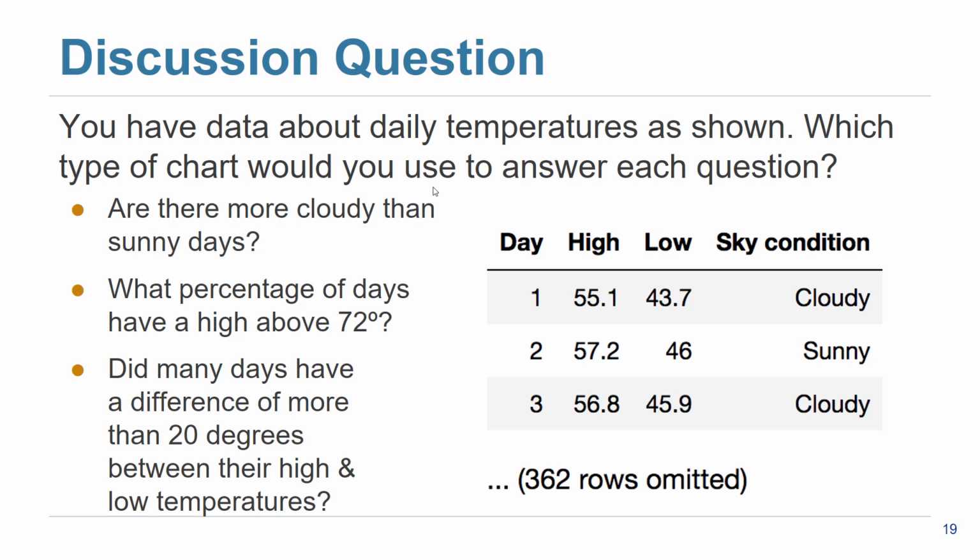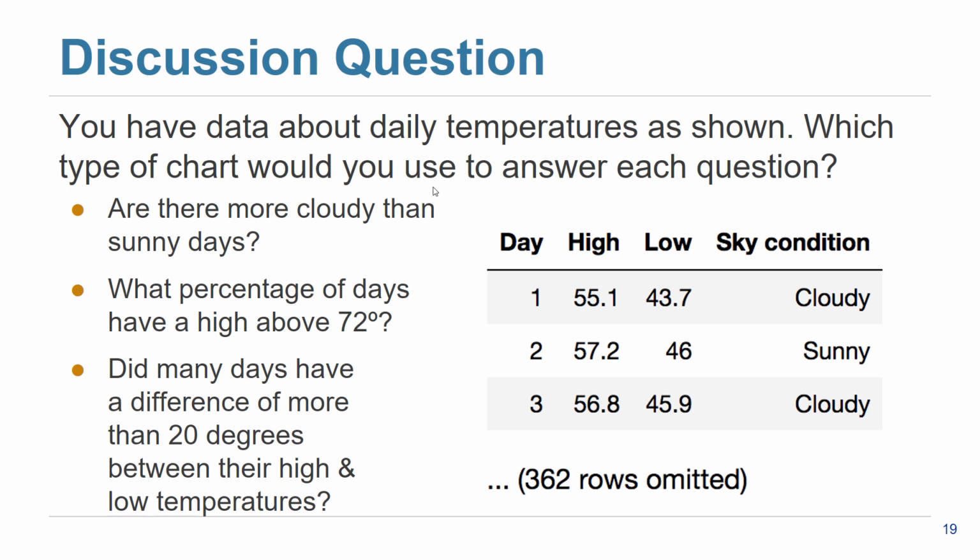So is that clear now? I think with these discussion questions, it should be clear when we should use bar charts and when we should use histograms, and also when we should use the line plots and the scatter plots that we discussed earlier.